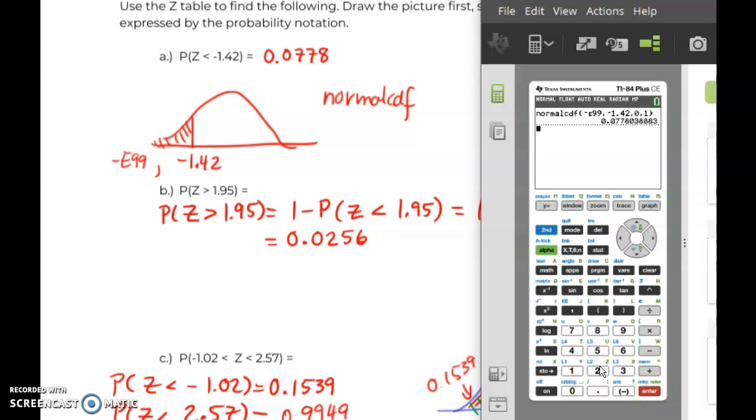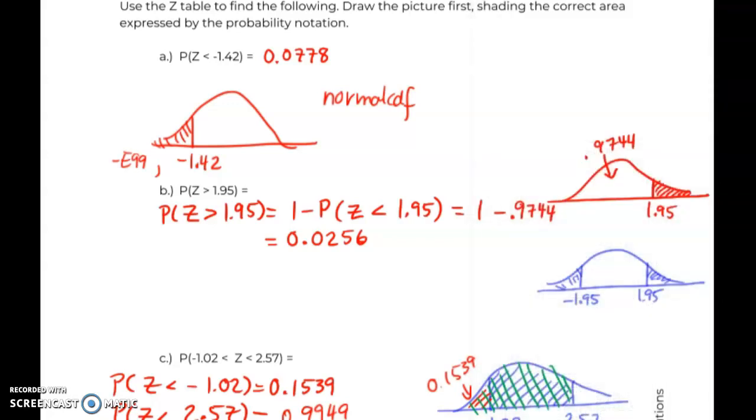For our second scenario, we are finding the area to the right of 1.95. We already have the image over here on the right. So this time we're going to use 1.95 as the lower value, and then we're going to enter in infinity or E99 as the upper value.